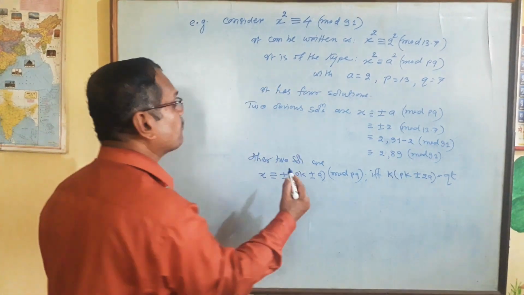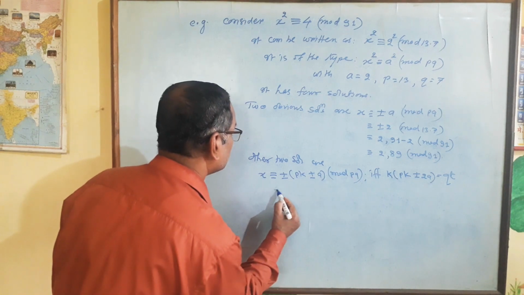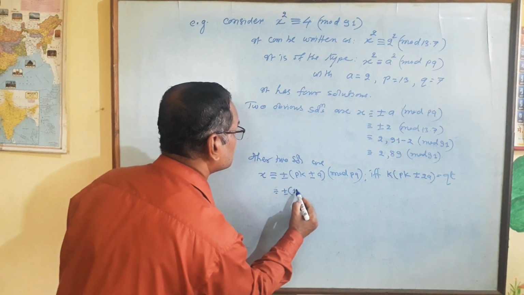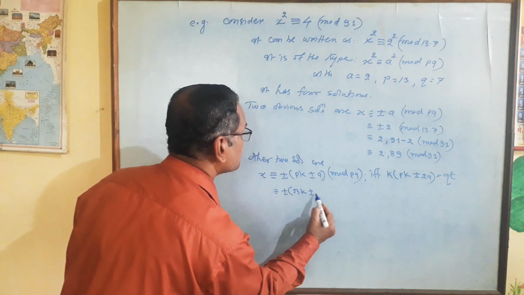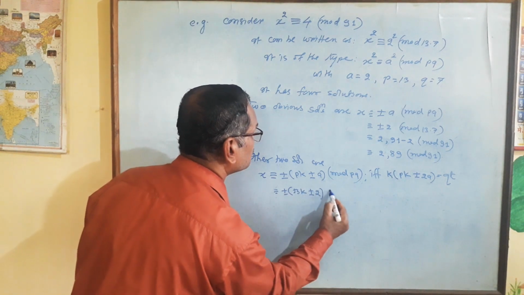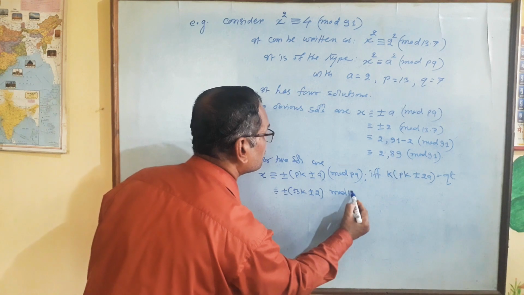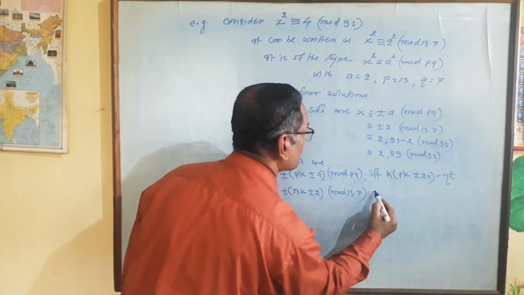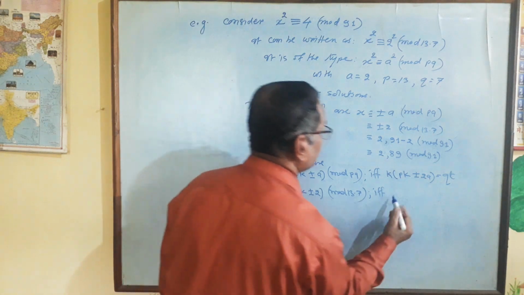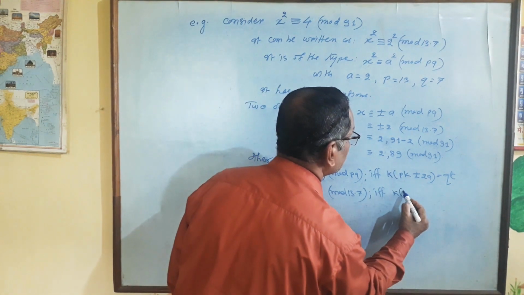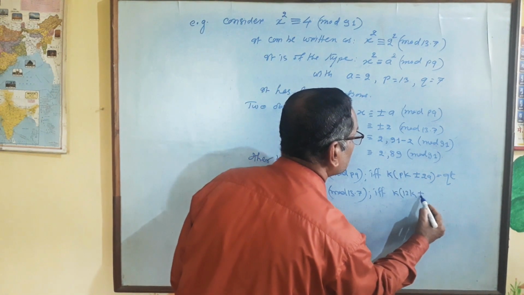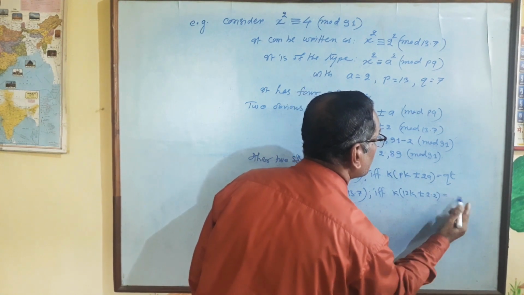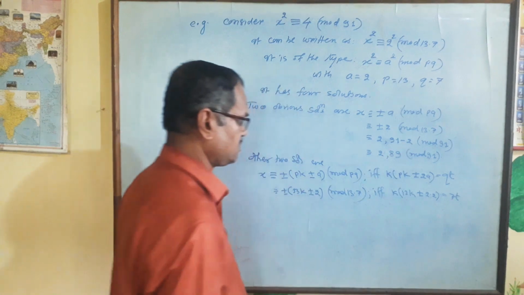Now put the values of p, a and q. That is plus minus 13k plus minus a is equal to 2 mod pq, p equal to 13, q equal to 7, if and only if k into 13k plus minus 2 into 2 is equal to 70.